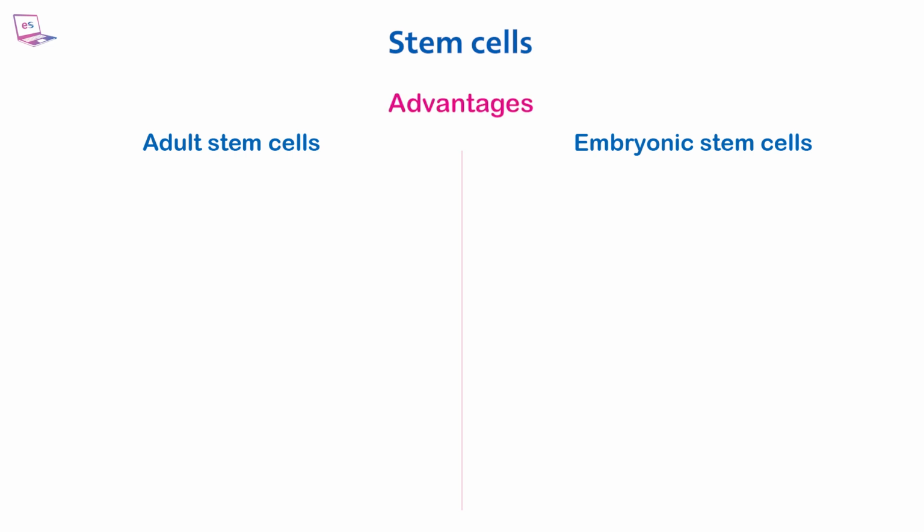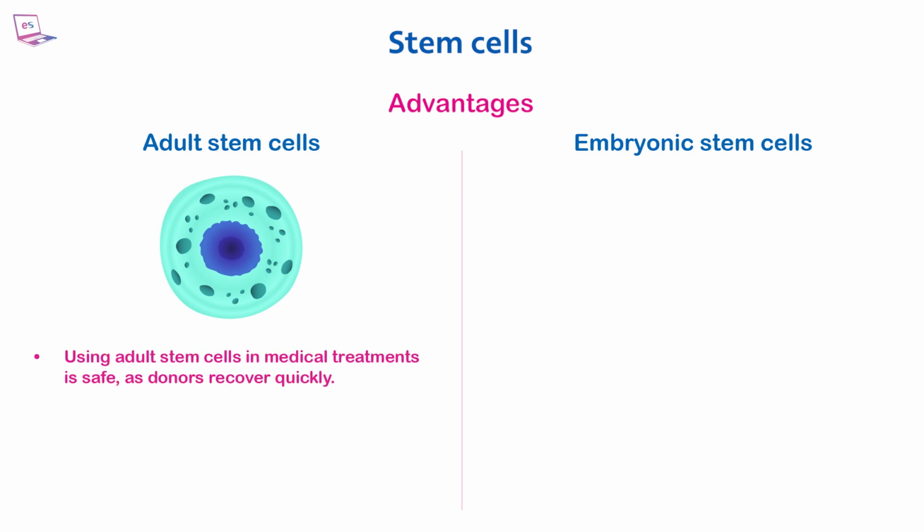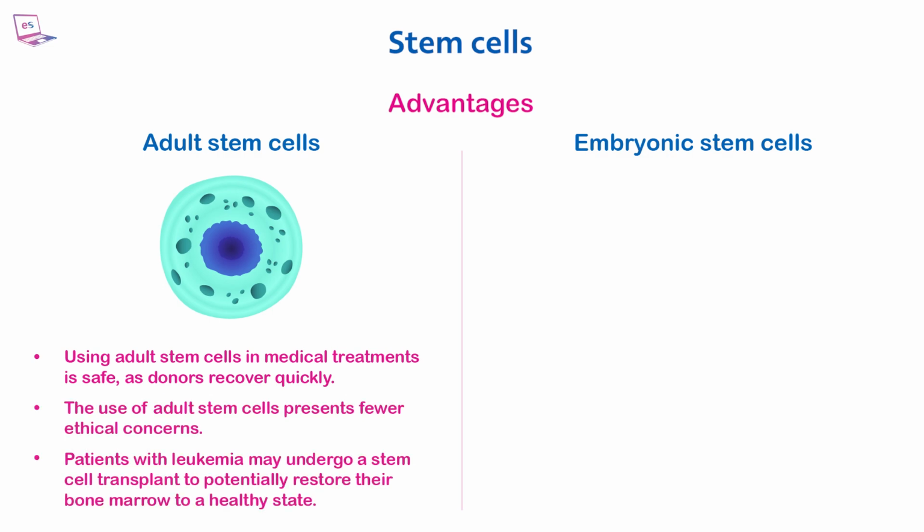Advantages. The advantages of the adult stem cells are as follows. Using adult stem cells in medical treatments is safe, as donors recover quickly. The use of adult stem cells presents fewer ethical concerns. Patients with leukemia may undergo a stem cell transplant to potentially restore their bone marrow to a healthy state.